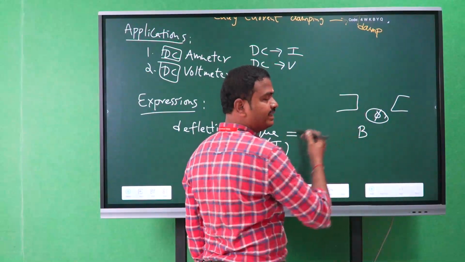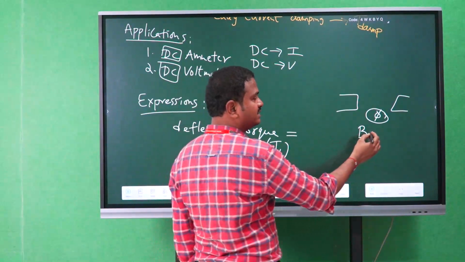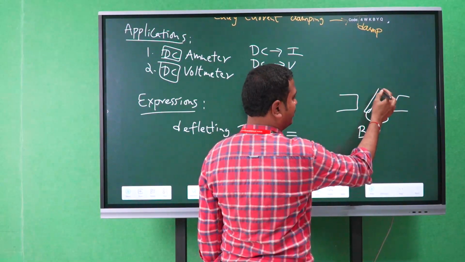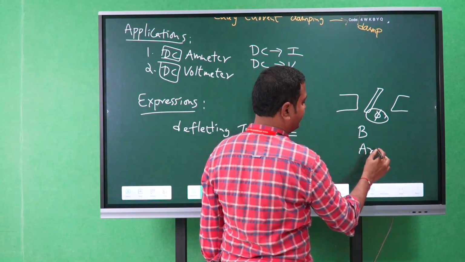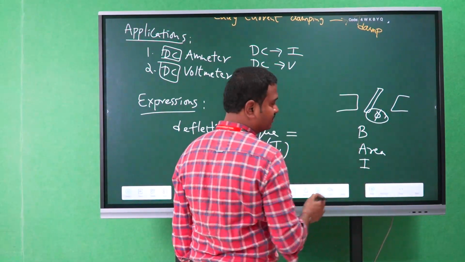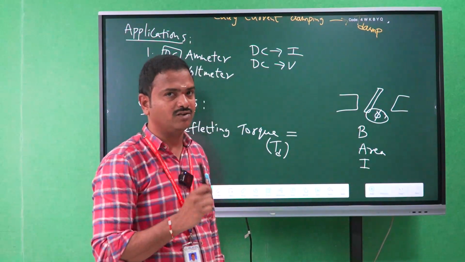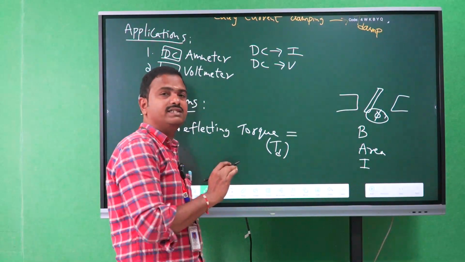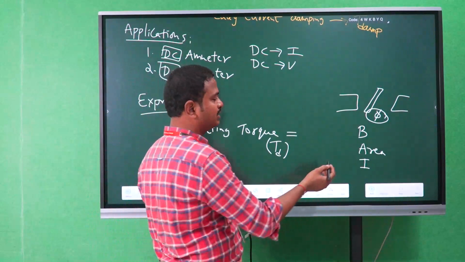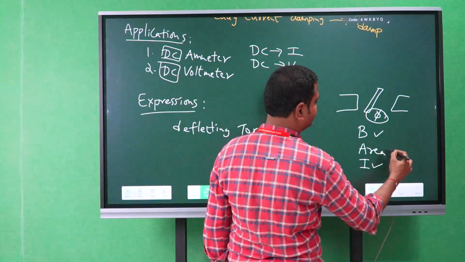Okay, so the torque developed, the deflecting torque exerted on the pointer depends on magnetic flux lines magnitude, right? So that is called flux density B. And also the area of the coil, right? So area of the coil. Okay, and the current magnitude depends on the D'Arsonval principle, galvanometer principle. The force is directly proportional to current flowing through the instrument. So current magnitude also one of the factors.